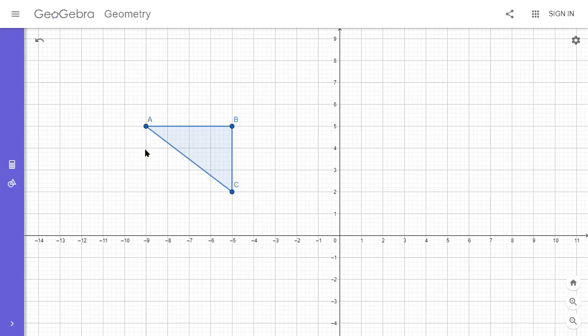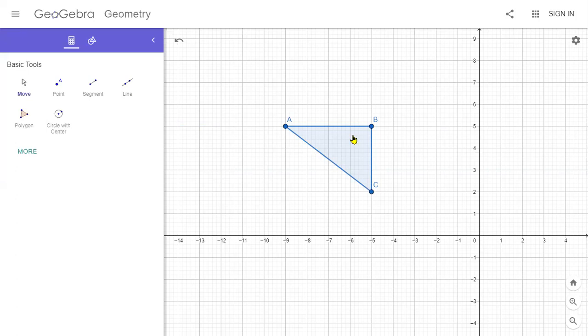Okay, let's reflect this object with respect to the y-axis. The very first step is taking one vertex. Let me take the vertex A. We have to find the perpendicular distance between each vertex and the mirror.